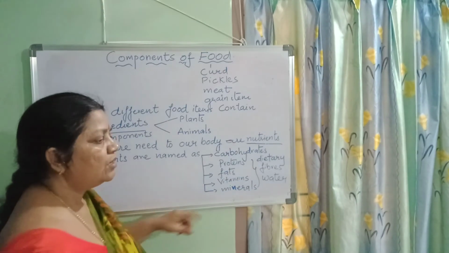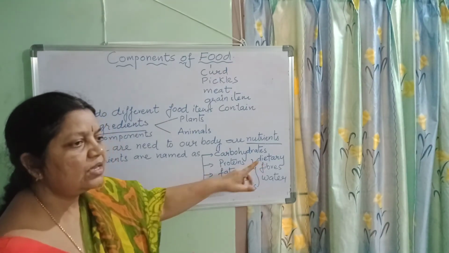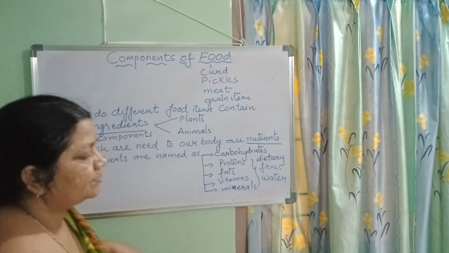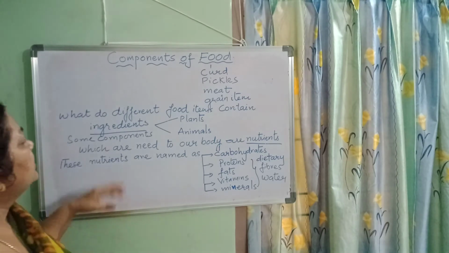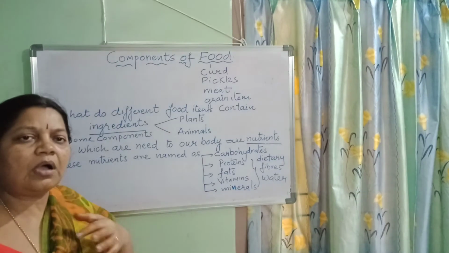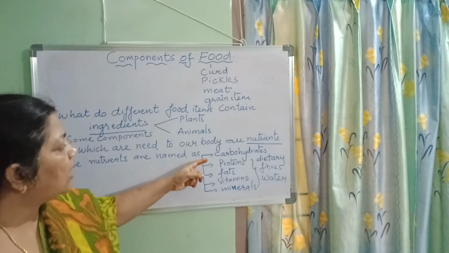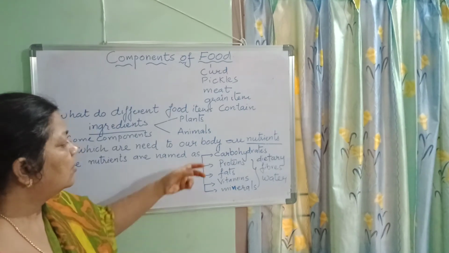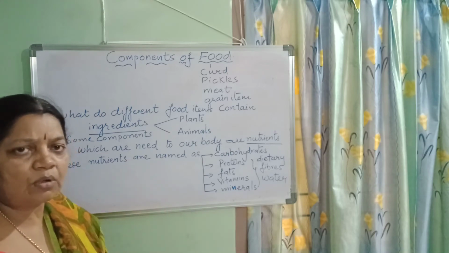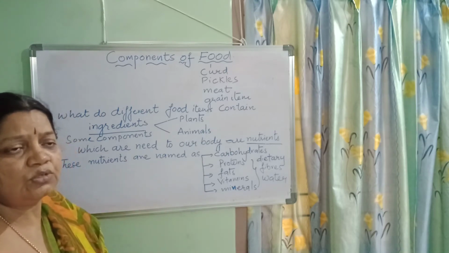In addition to these, there are dietary fibers and water. First of all, we want to know how we can tell whether a carbohydrate is present in the food item we are eating, whether it contains the nutrients necessary for our body.